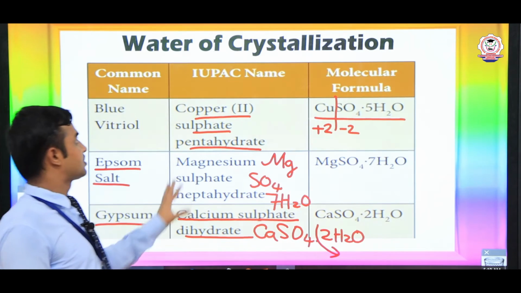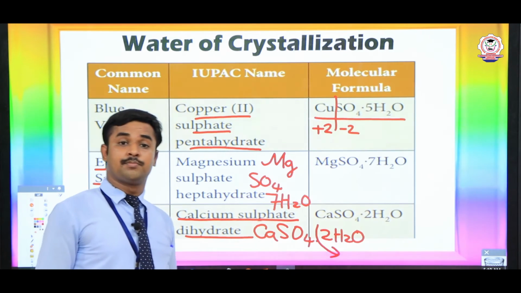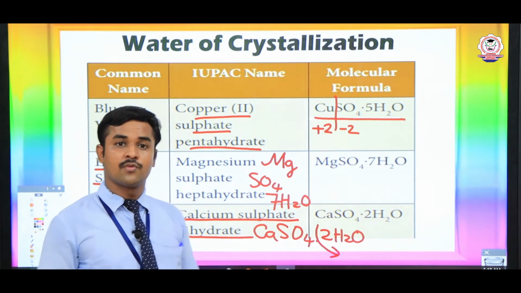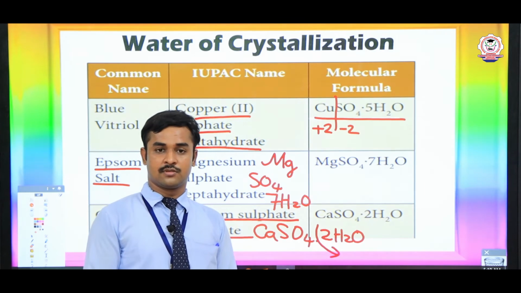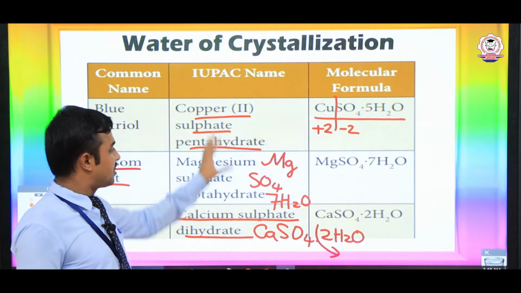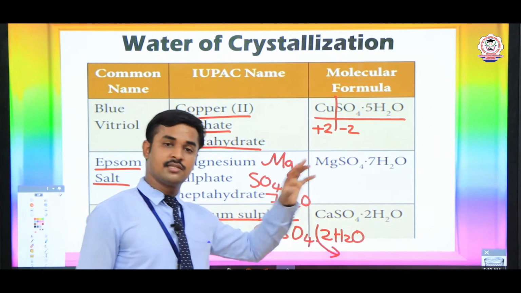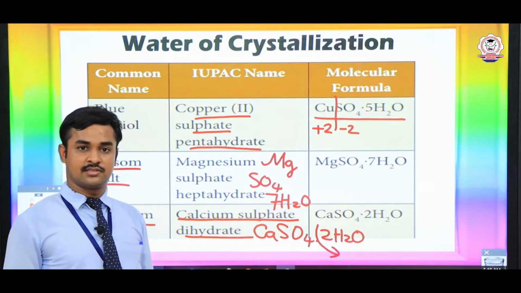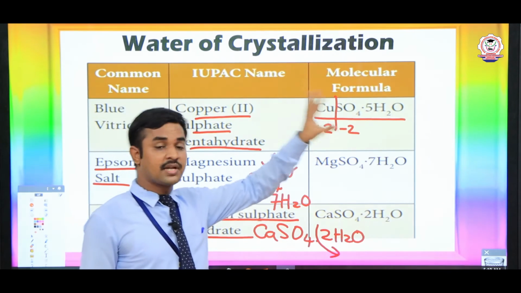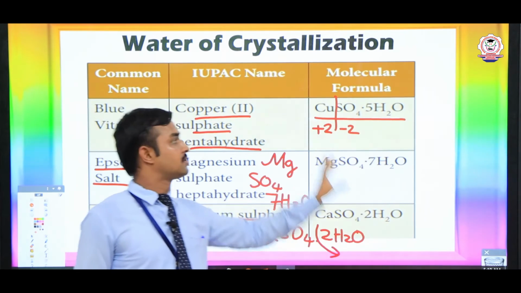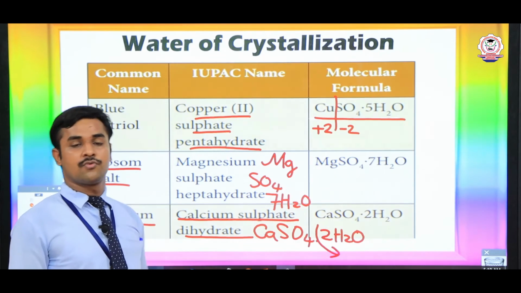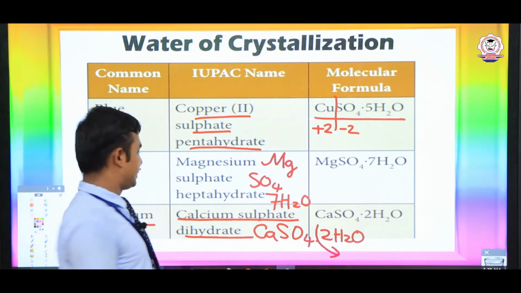These salts are present in the water of crystallization form because these three compounds are crystals that contain water. Water molecules are present inside these crystals, so it is called the water of crystallization.